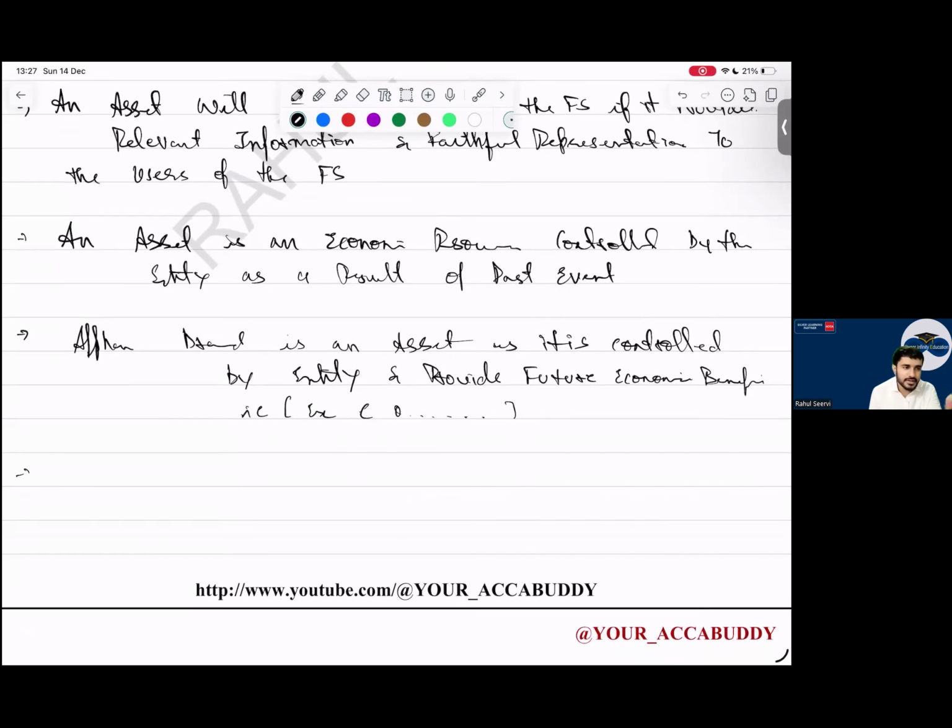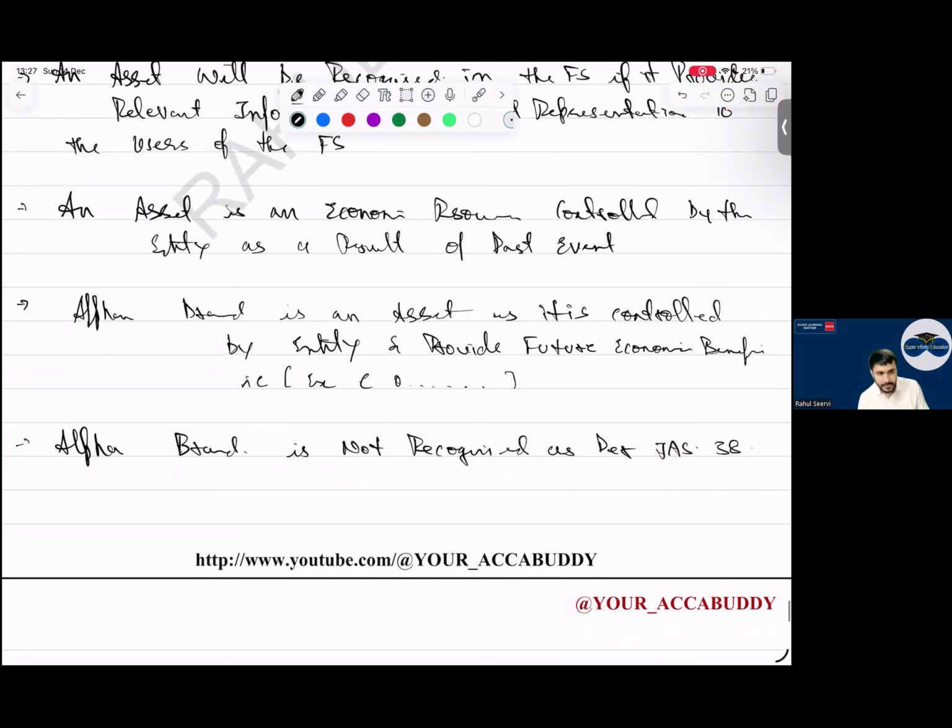Now can I say when coming to the recognition, अभी क्या करेंगे? Do we recognize it? Can I say Alpha brand is not recognized as per IAS 38. Why?